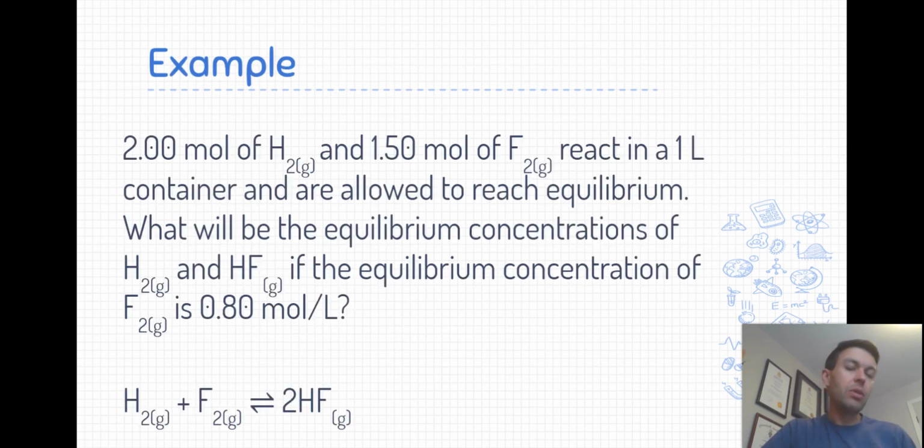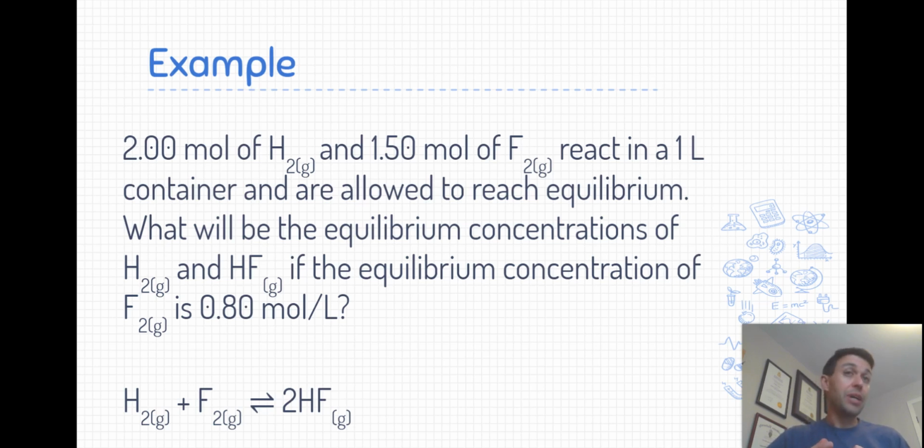Here we have the equilibrium system in which there's, on the left-hand side, the reaction between hydrogen gas and fluorine gas. And on the right-hand side, we have hydrogen fluoride gas. In our example here, we are going to take a situation where we react 2 moles of hydrogen gas with 1.5 moles of fluorine gas, and we react them in a 1 liter container.